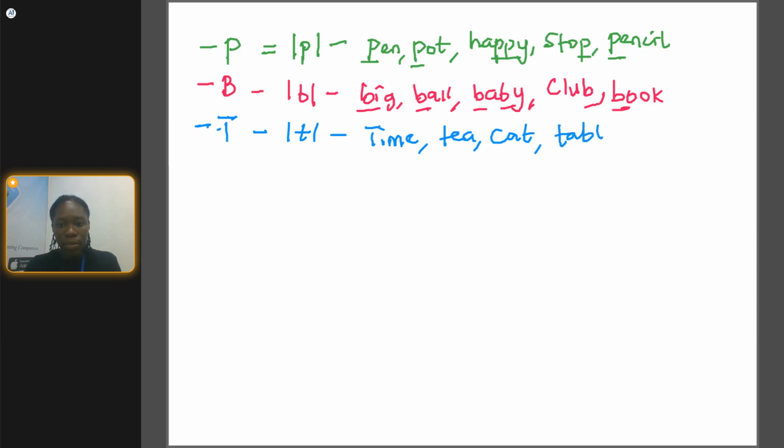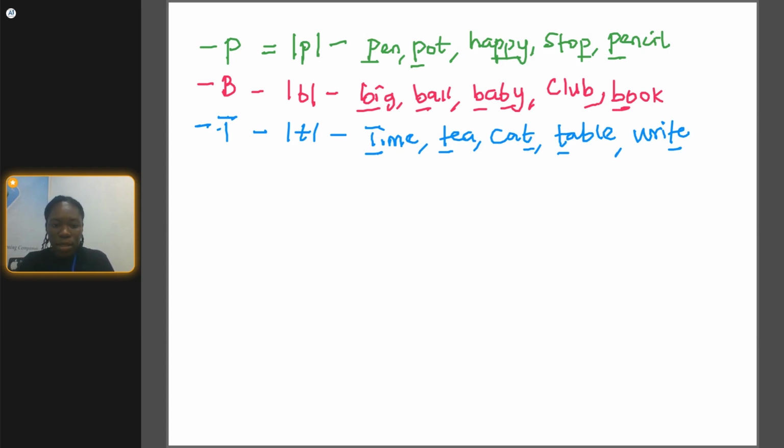So we have the t sound in time, in tea, in cat, in table, then in right.